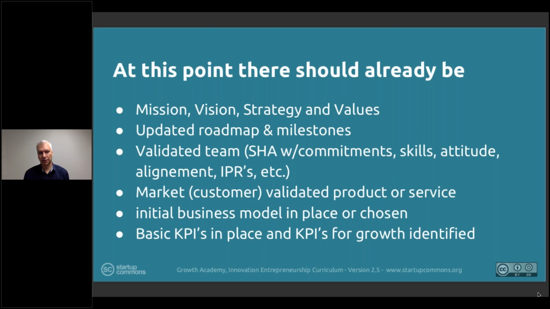That's a strategy as well. So the business model also depends on the chosen growth strategy. And you should have the basic KPIs in place, with the KPIs that are going to be used identified. We are going to start focusing more on those in this module.